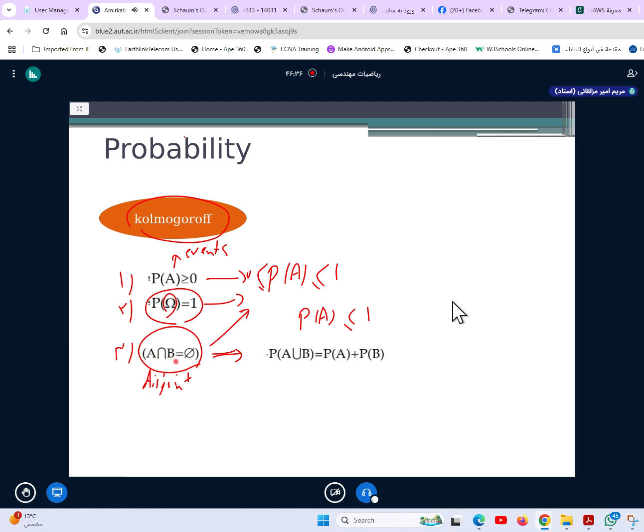And if we have two disjoint events, then the probability of the union of these events is equal to the summation of the probabilities of A and B. Yes, we have these three conditions, and the condition that the probability of A should be less than or equal to 1 results from these three conditions.